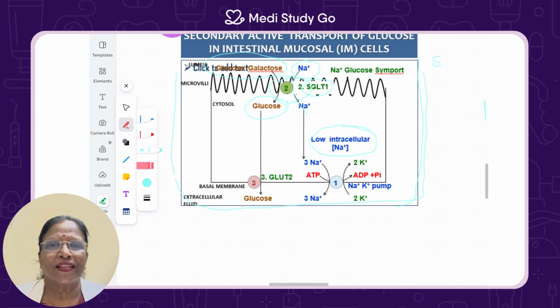That is why this type of transport is called secondary active transport. Not a direct requirement of ATP, an indirect requirement, but energy is needed for the transport of glucose. So this is about secondary active transport.